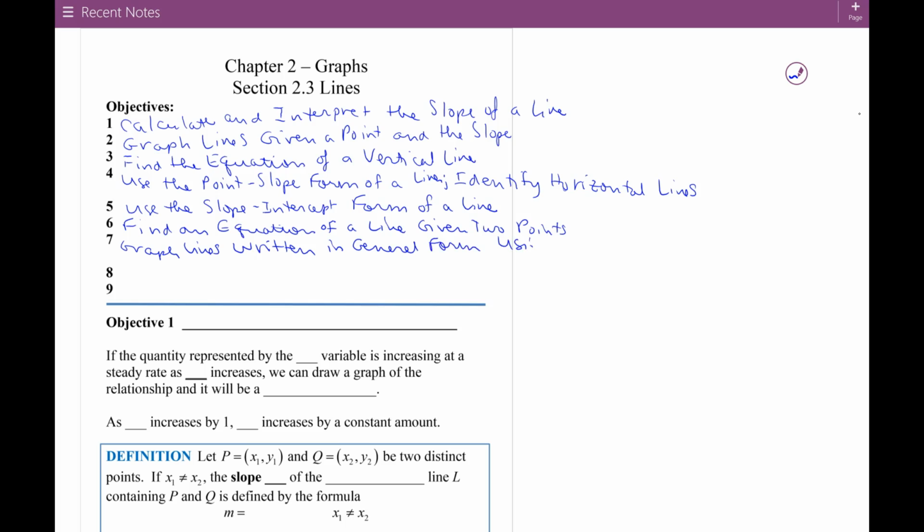Using intercepts. And then find equations of parallel lines. And find equations of perpendicular lines.